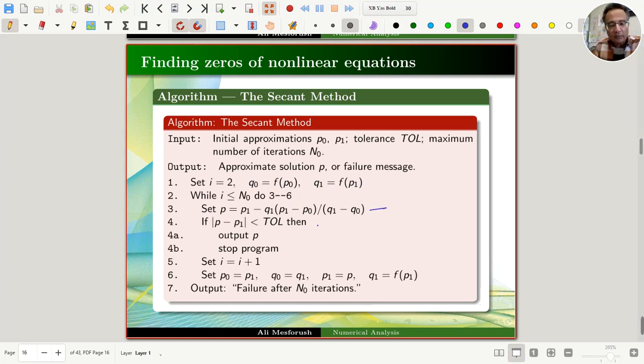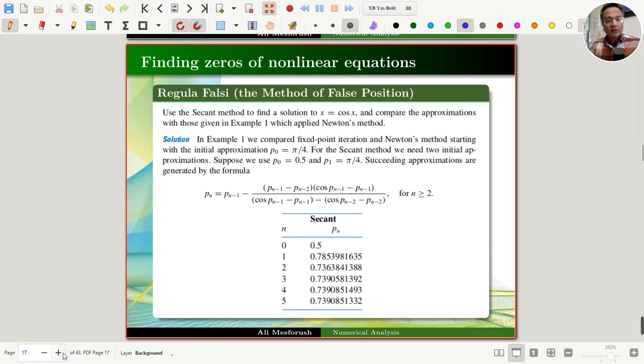When we apply these steps, we get a new point for P0 and Q0, and we continue all of these steps until we arrive at the desired tolerance. This is the second method, and it's not difficult to implement.